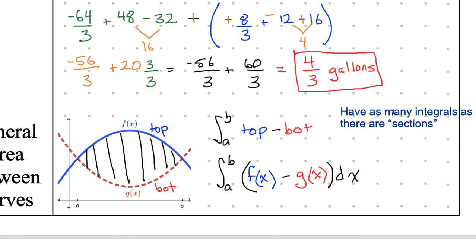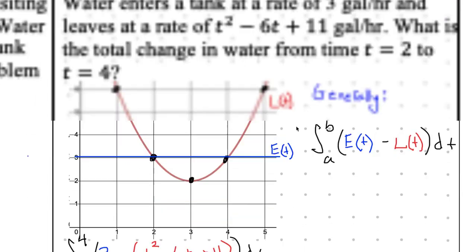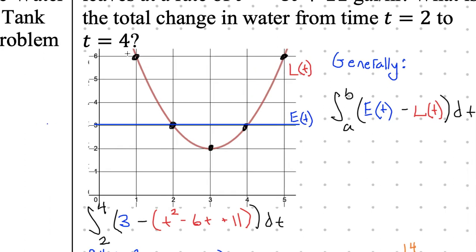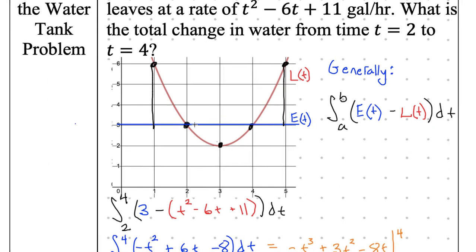And I said that up above, and I don't have the best example here, but if I had this guy where I had these areas, I would have this area, and this area, so I'd need 3 integrals for 3 of these different sections. So every time you have an intersection point, you need to have a different integral. So be wary of that. All right, that concludes the notes.